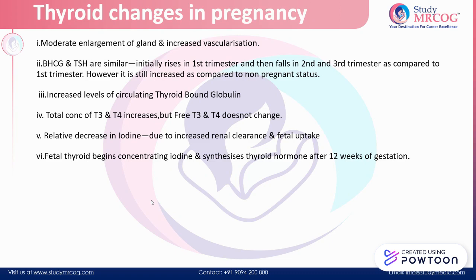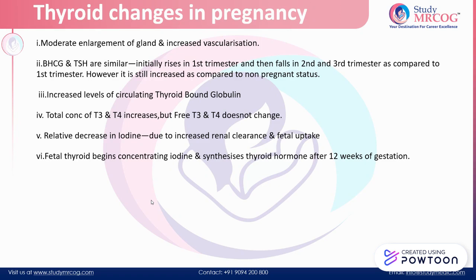In a pregnancy in which there is too much of HCG, like in a twin pregnancy or when someone has hyperemesis gravidarum, in those patients, initially TSH falls in the first trimester. In the second and third trimester, there is a rise as compared to the first trimester. And this rise, it is more as compared to the non-pregnant status, but still it is not above the normal levels of TSH.